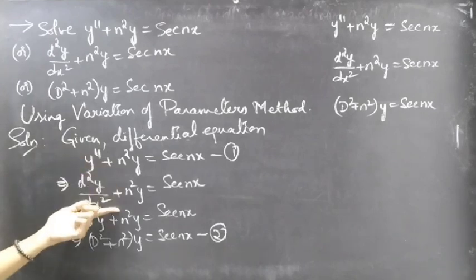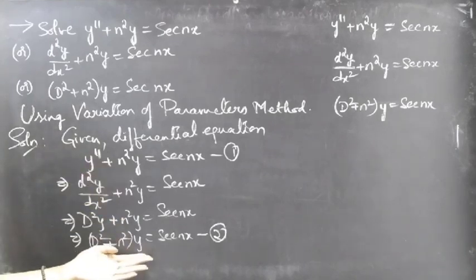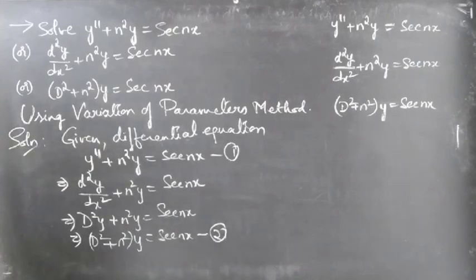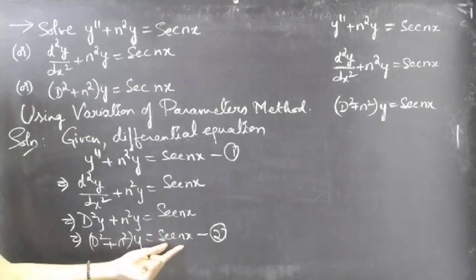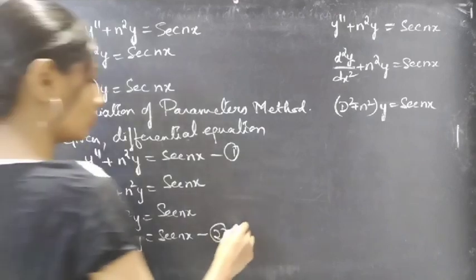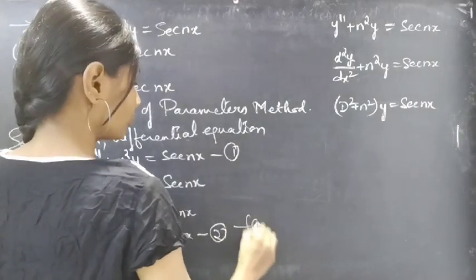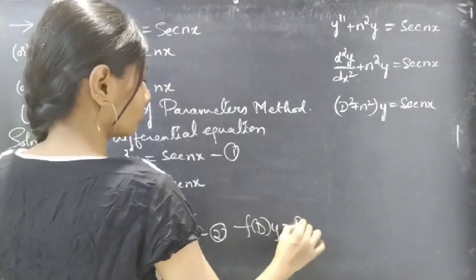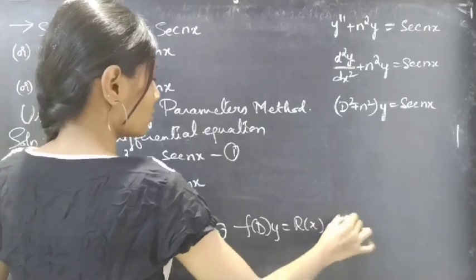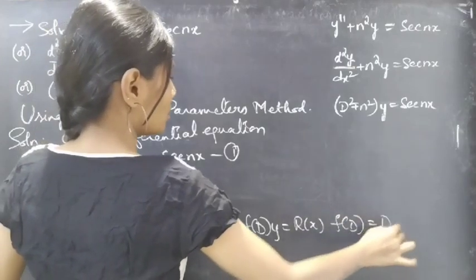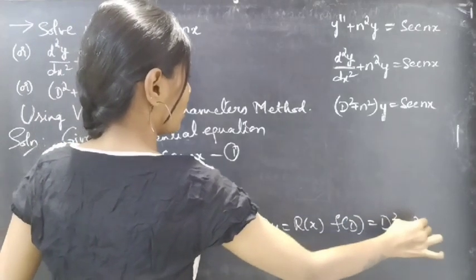Equation 1 in operator form is equation 2. So f of d into y equal to some function of x, where f of d is d square plus n square.